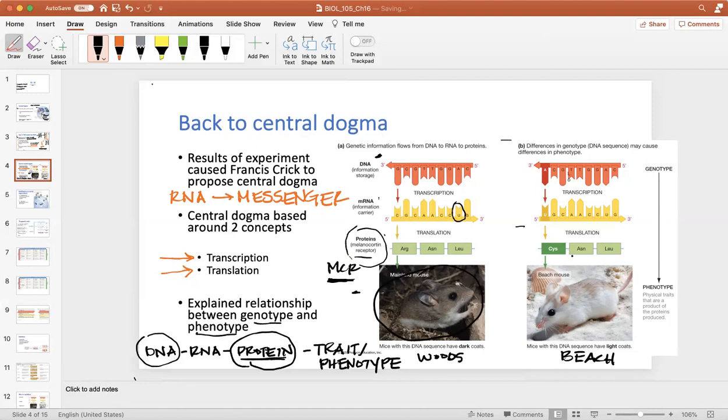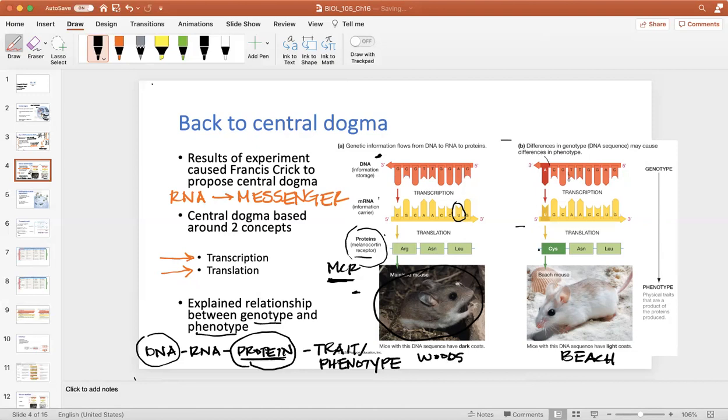Now let's look at our little light-colored mouse. Here we have a different genotype. Notice that here, this letter A is different than this letter G. So this adenine is a mutation away from this guanine here. So when this gene is transcribed into RNA, we get a different mRNA molecule.